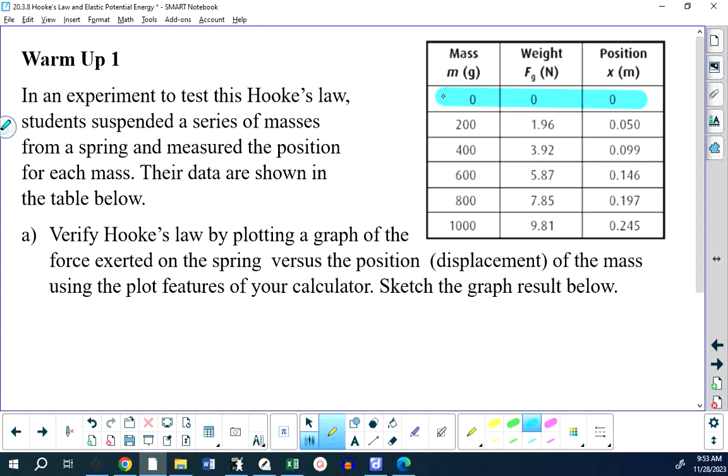Now, why do we have 3 columns here? Well, if you were to do this lab tomorrow and you take a mass of 200 grams and you put it on here and you measure the displacement. Let me turn this around.